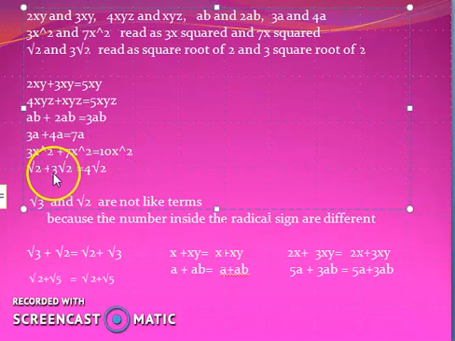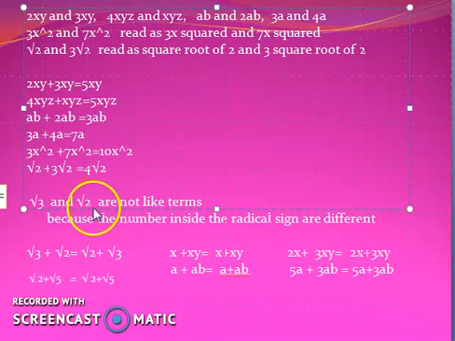Square root of 2 plus 3 square root of 2. Here, there is no number before the square root of 2. That means the coefficient is also 1. So 1 plus 3 is 4, and then we'll just copy the square root of 2. Square root of 2 plus 3 square root of 2 is 4 square root of 2. Here, we have the square root of 3 and square root of 2.